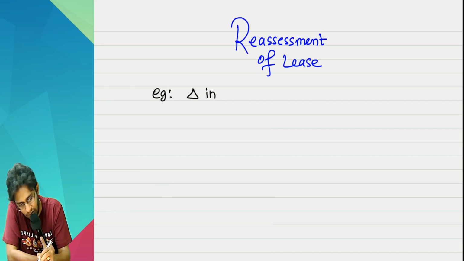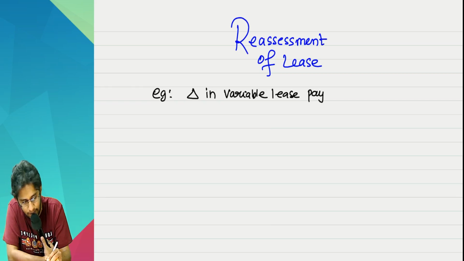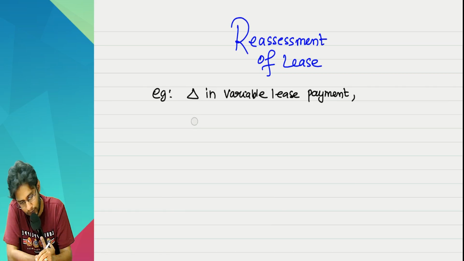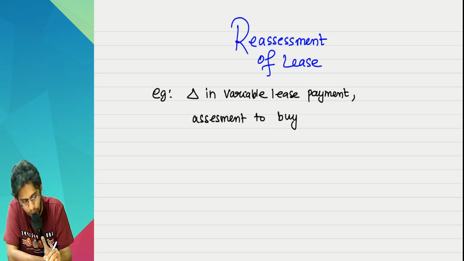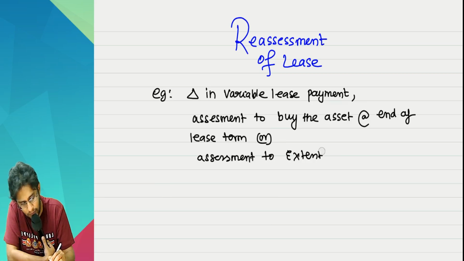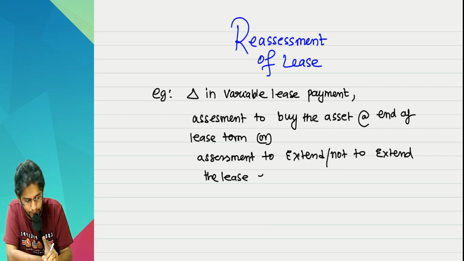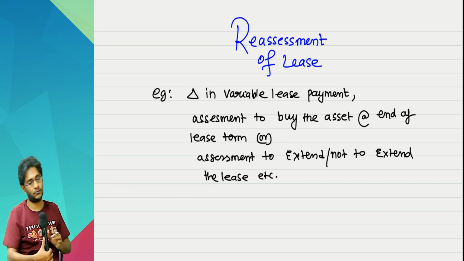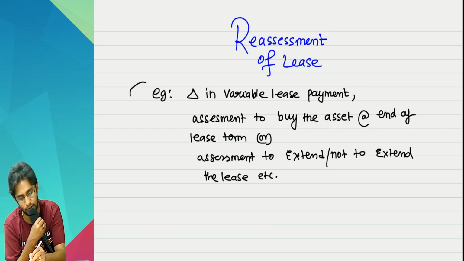Examples like change in variable lease payments, or our assessment to buy the asset at the end of the lease term, or assessment to extend or not to extend the lease, etc. These are called reassessments of lease.